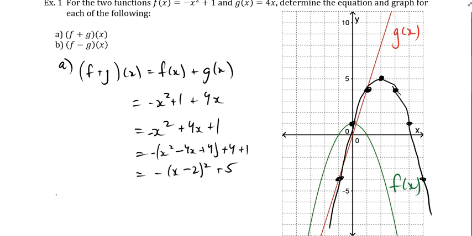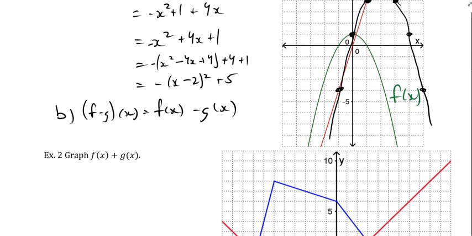Okay, let's take a look at B. So f minus g at x is f at x minus g at x. Whoa, I'm going to run out of space here.